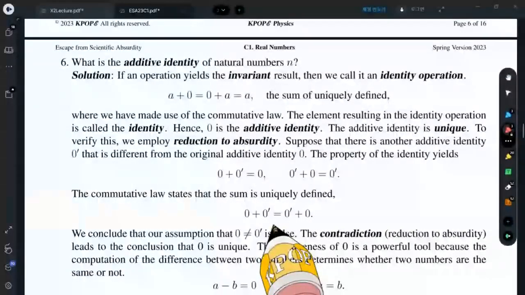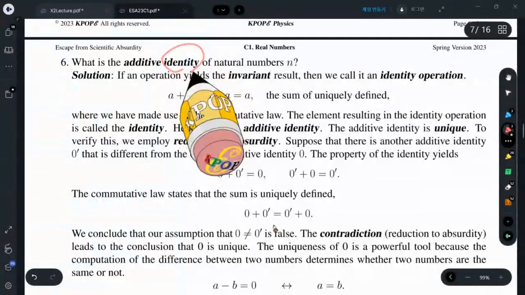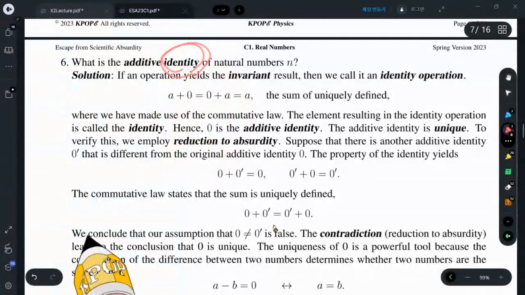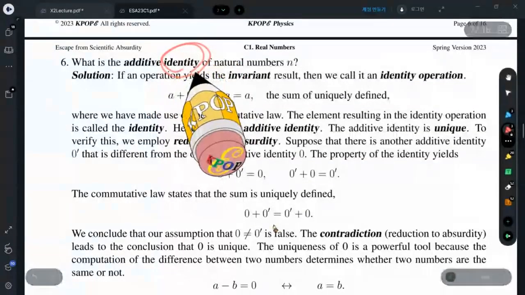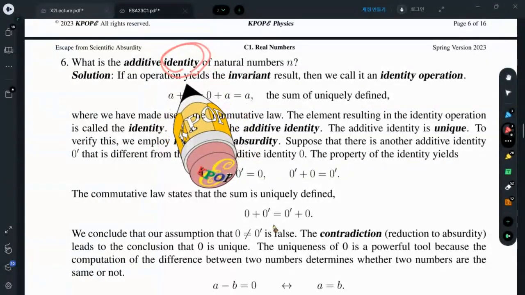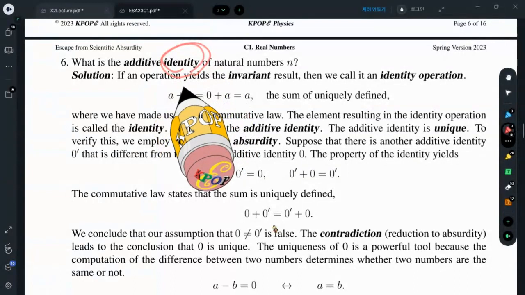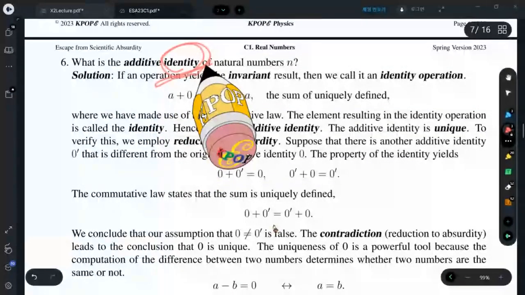Okay, what is the additive identity of natural number n? Additive identity. Identity means no effect. If I make an operation and the result of the operation doesn't change anything, in that case we say it is identity.